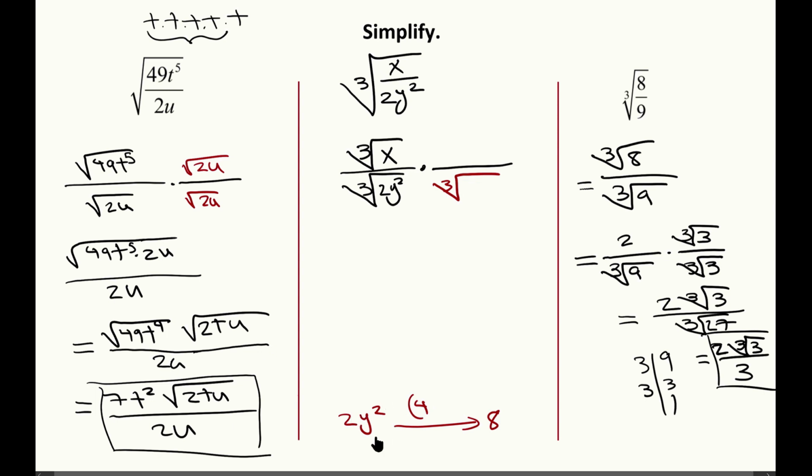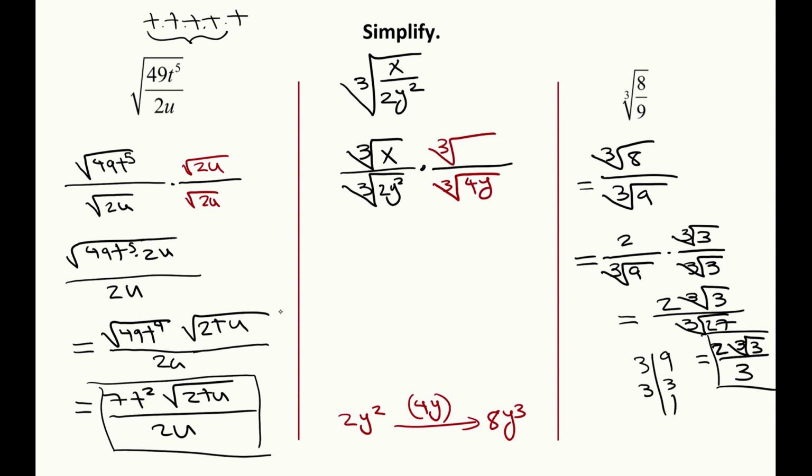And what's missing from y squared to make it a perfect cube? Notice just a single y. So we're going to multiply by y, and now when we multiply, we get 8y cubed. So that's where we're headed. That's why what we need to multiply under the cube root here is going to be 4y.